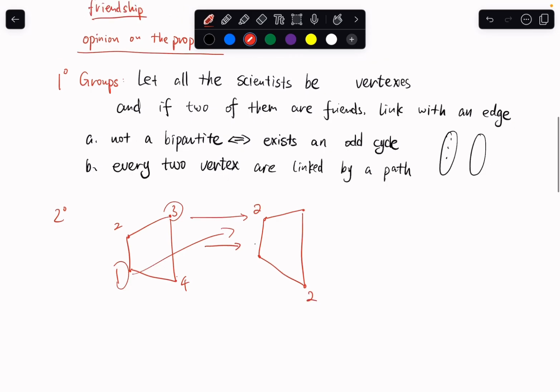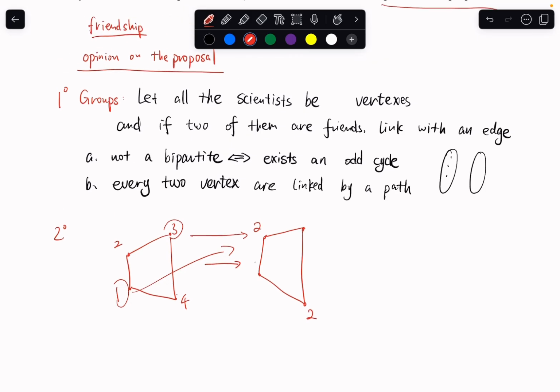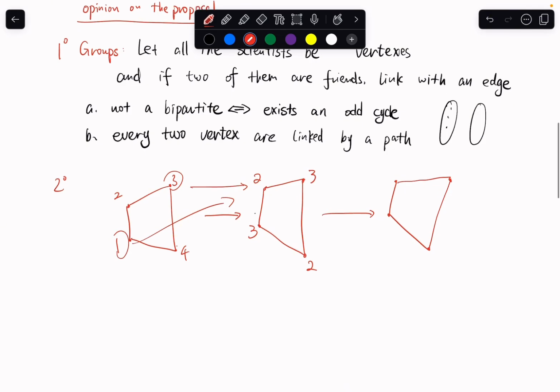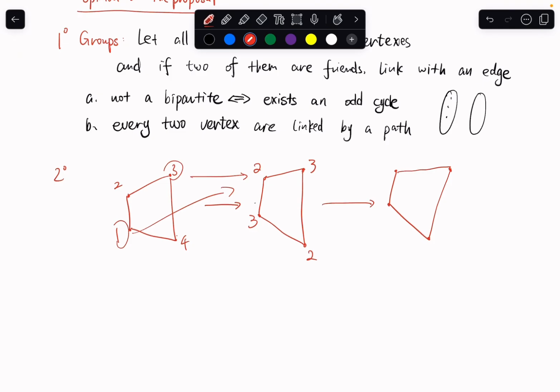But this point is 3. Here it is an even cycle, because it is bipartite.